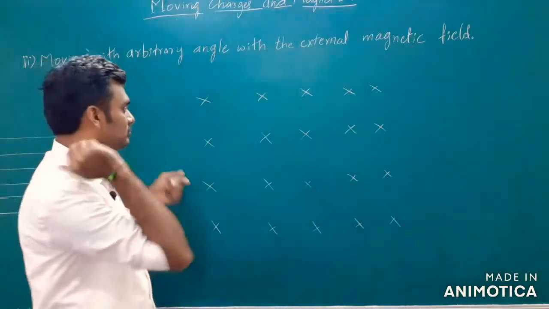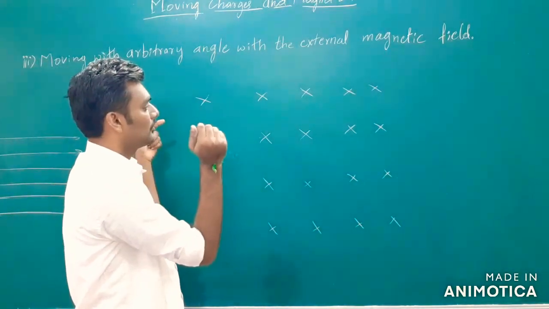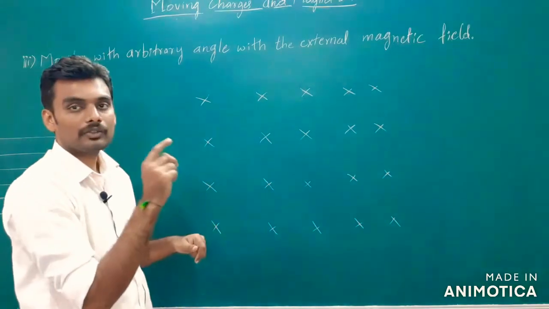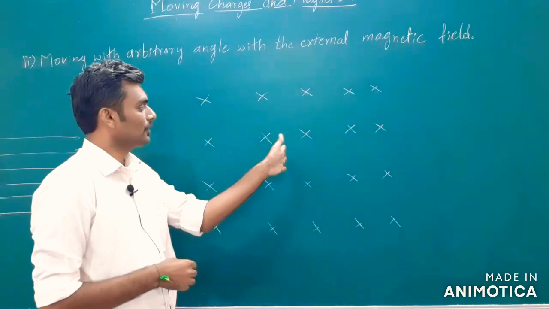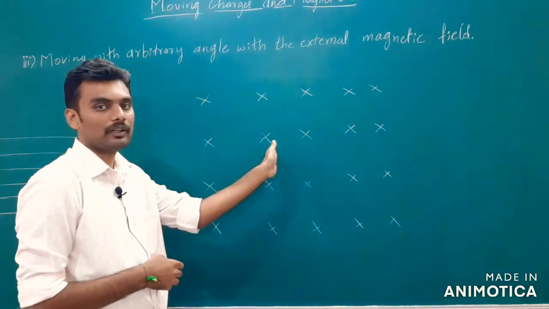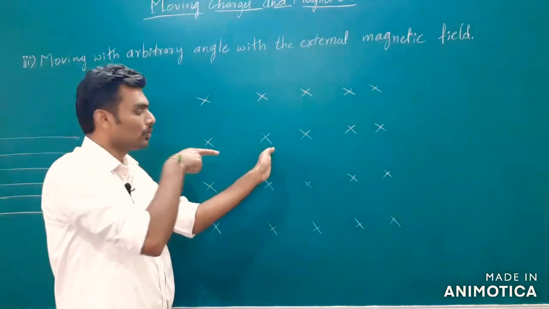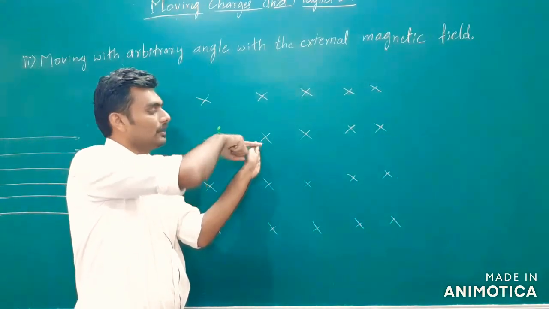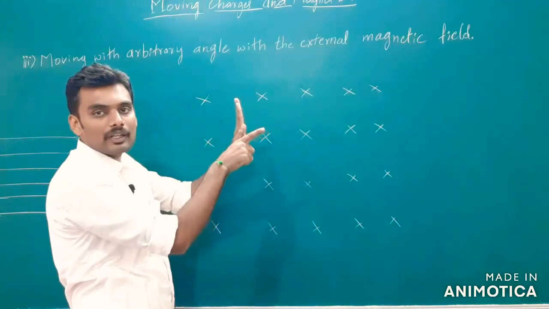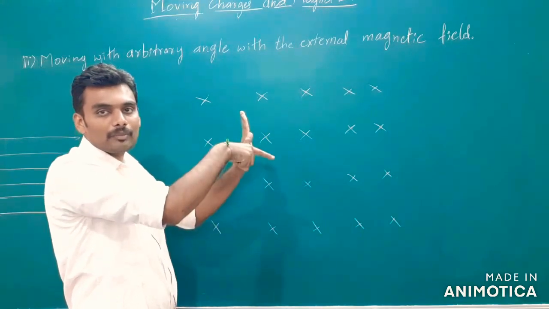Now, instead of keeping it either 90 or 0 degrees, I should keep some other angle. This is the direction of the magnetic field. Try to imagine, and I should throw the body at a certain arbitrary angle with it, somewhat like this. Now there exists a certain angle which is neither perpendicular nor parallel.